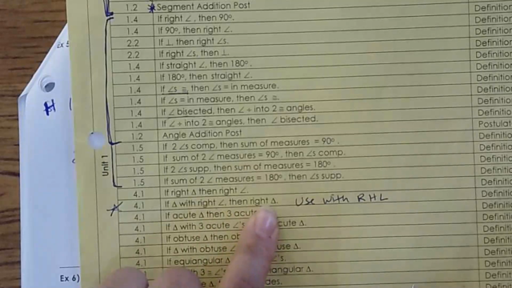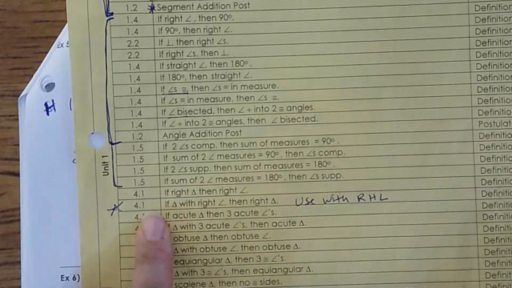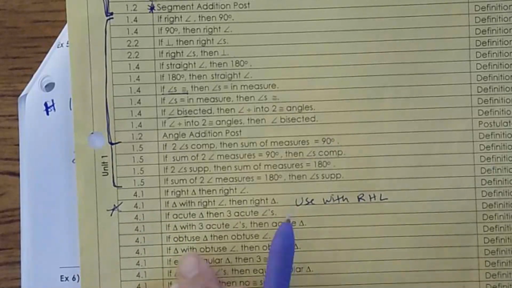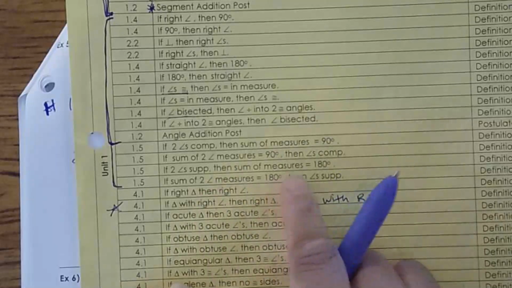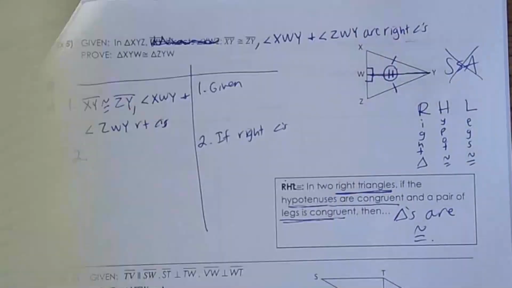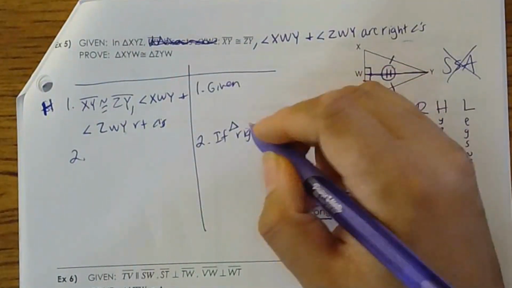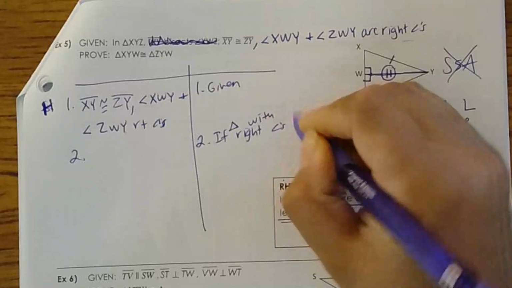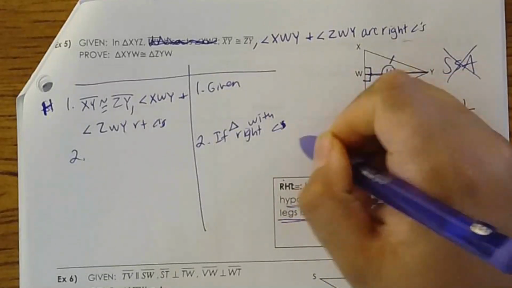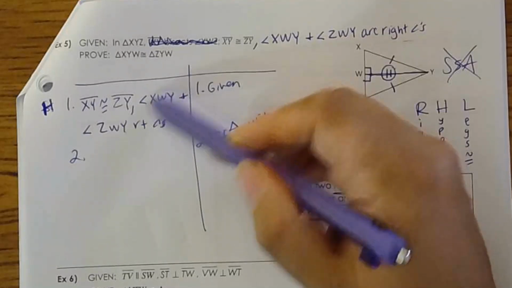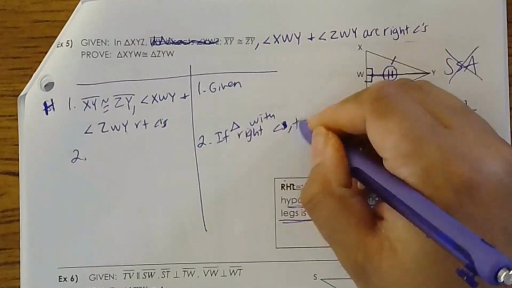Now, even if you didn't say it exactly like this, if you said if right angle, then right triangle, honestly, that's fine. But we want to make sure we're using this one that says then right triangle, not angles congruent. So actually, I'm going to rewrite this completely. If triangle with right angle, and we're really only working with one right angle because each triangle has its own, then right triangle.